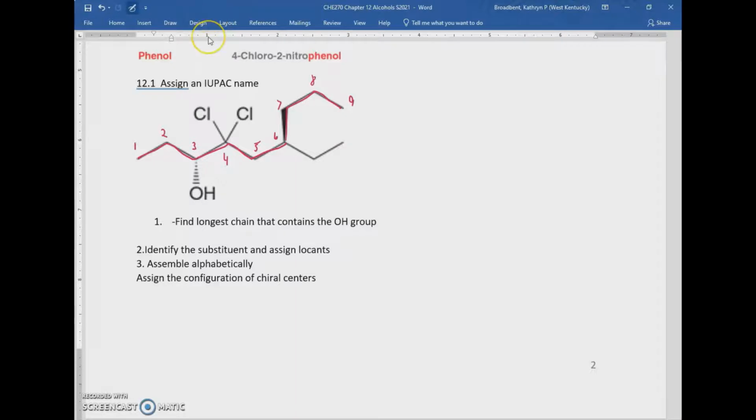So here we have a 4,4-dichloro, and this will be a 6-ethyl. Those are our 2 groups. We know we've got a nonane.